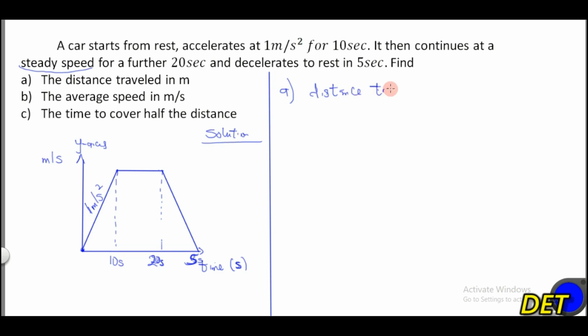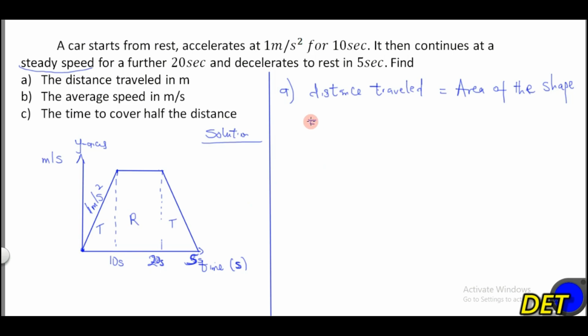The distance traveled will be equal to the area of the shape. That's how we calculate the distance traveled in a motion graph. We look for the area of the shape, which is equivalent to the distance traveled. The first shape here is a triangle, this is a rectangle, and this is a triangle, right?